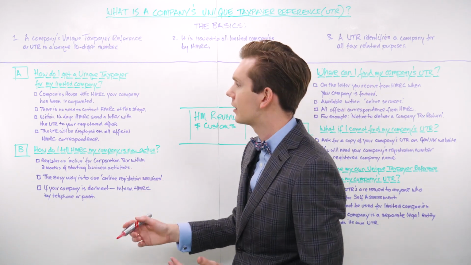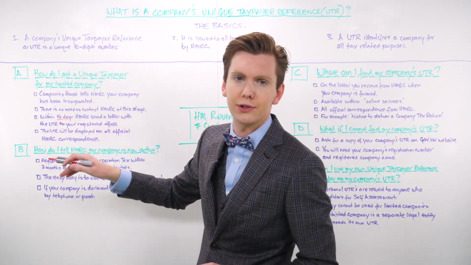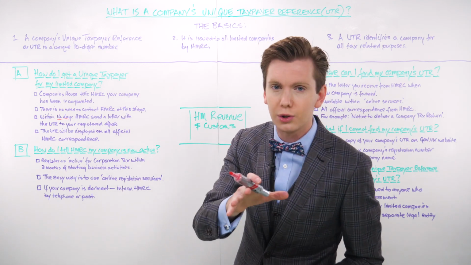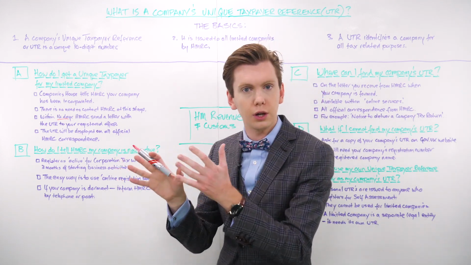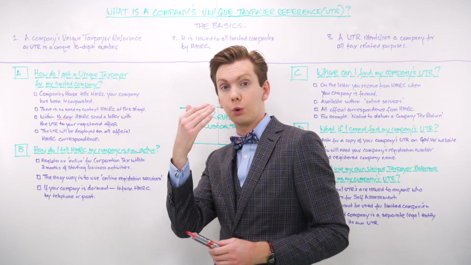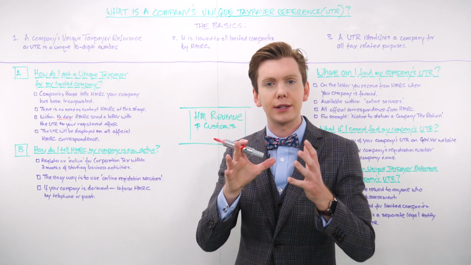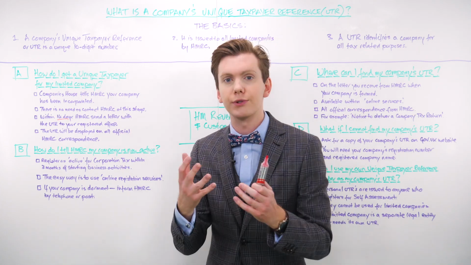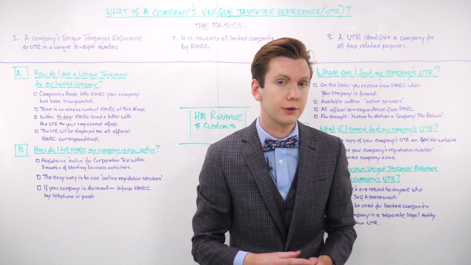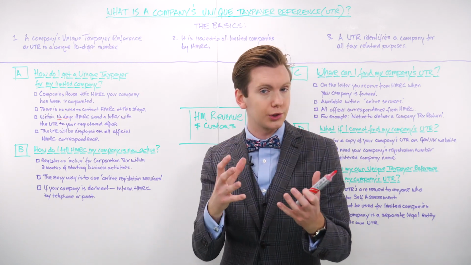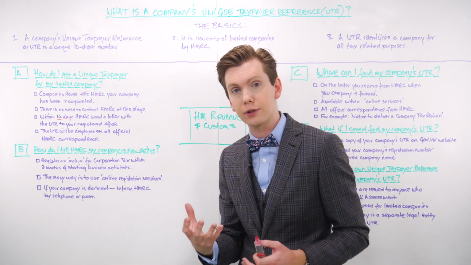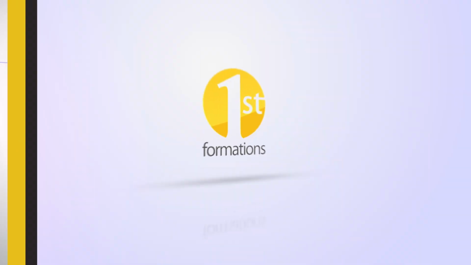Then, usually within about 14 days, HMRC will send you a letter to your registered office address with your company's unique taxpayer reference on it. It will be printed next to a heading like UTR, or tax reference, or official use. The letter will also explain how and when to register for business taxes.